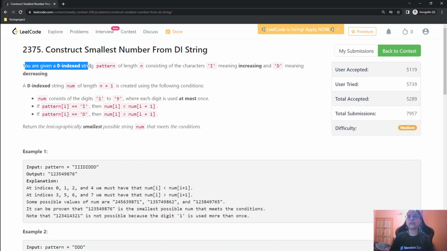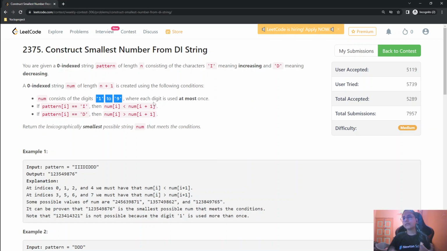You are given a 0-indexed string pattern of length n consisting of the characters I, meaning increasing, and D, meaning decreasing. So basically that's what I earlier told, and we are given a 0-indexed string num of length n plus 1, created using the following conditions. Num consists of the digits 1 to 9.